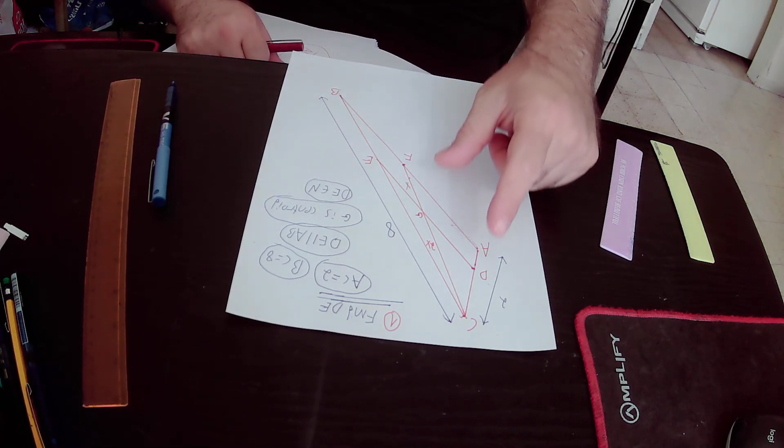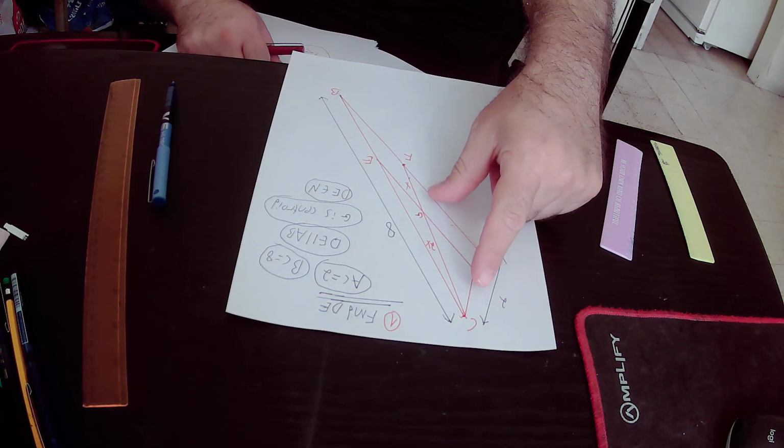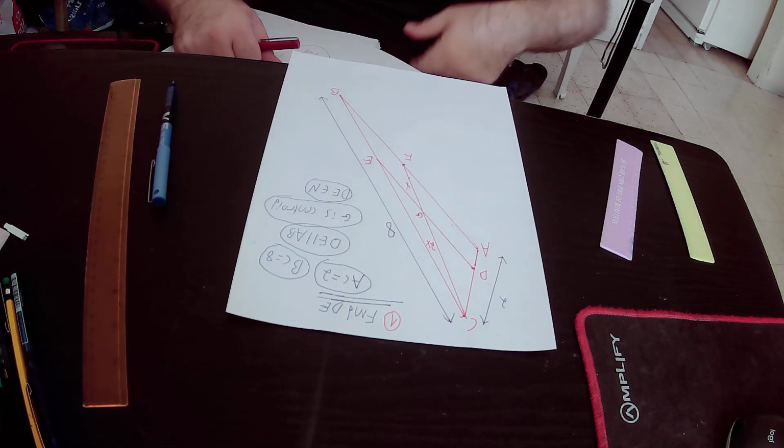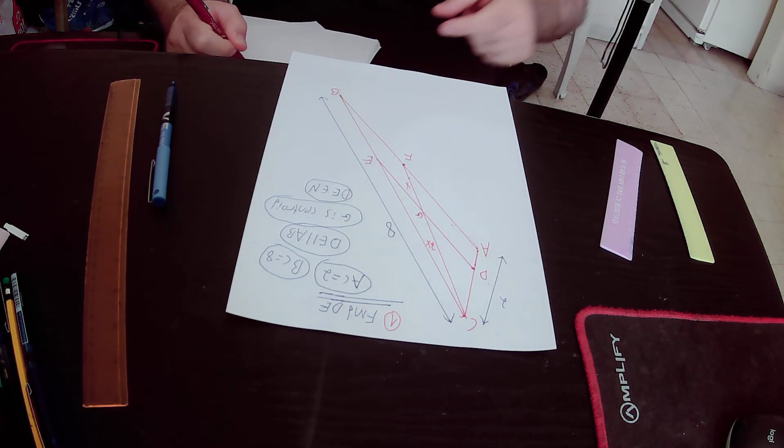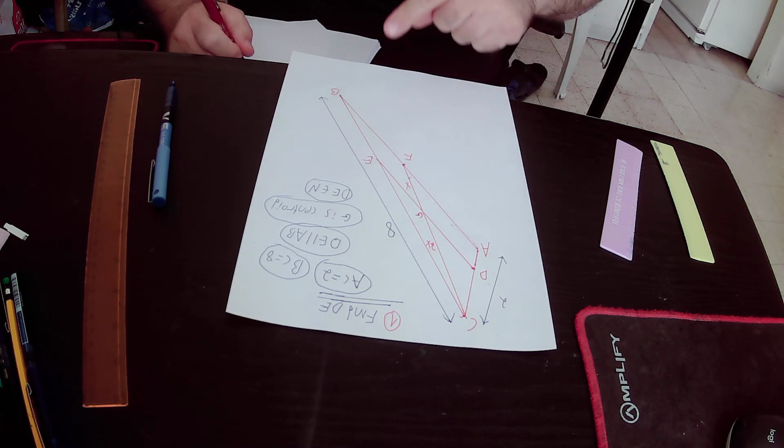But what is the value of CG? The value of CG is 2x. And the value of GF is x.